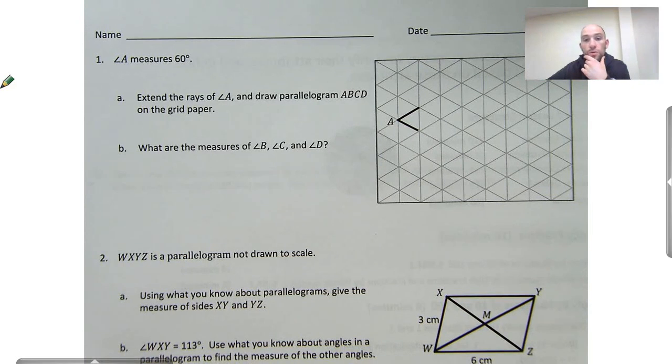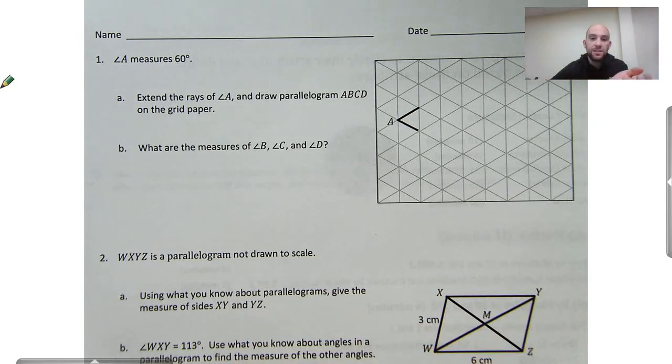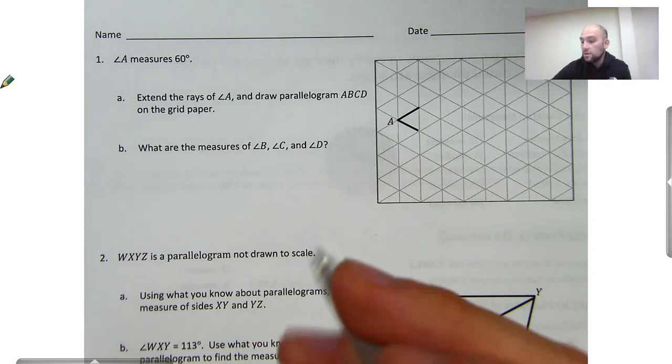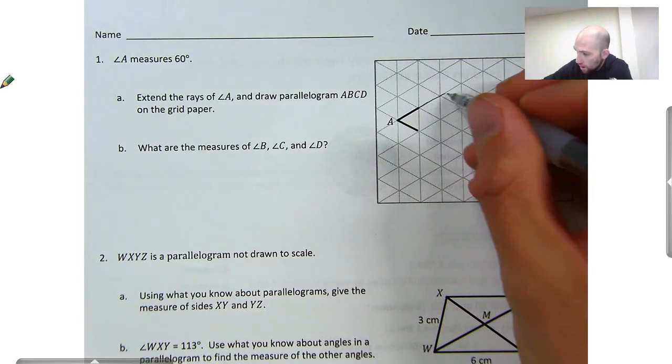Because it has two sets of parallel sides, there's going to be two sets of matching angles as well. So if I have one angle that's 60 degrees, the opposite angle will also be 60 degrees. And then the two adjacent angles, the two angles that are next to each other, those angles are going to add to 180. It'll be 180 and 180 to make 360 altogether. So this will be a little easier to explain once we draw it. So let's complete this parallelogram.